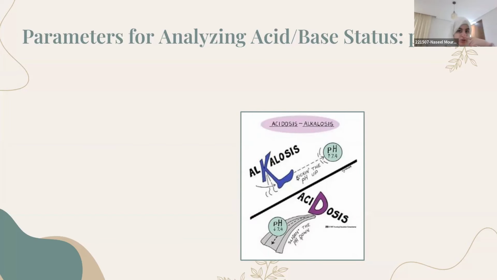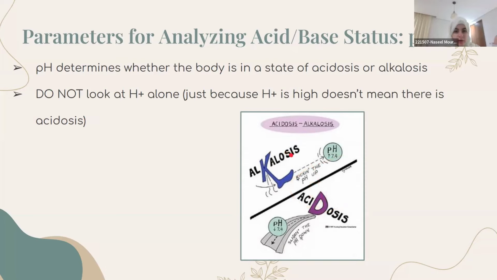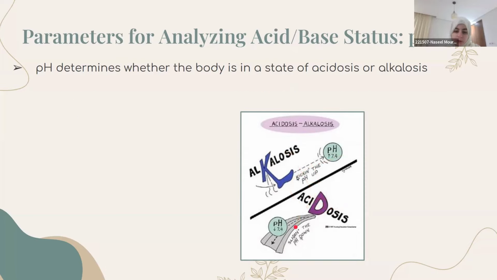So first thing is pH. Again, pH determines if we are in a state of acidosis or alkalosis. Okay? Now, a low pH means acidosis, and this is a nice mnemonic I found, sliding down the pH down. For alkalosis, your pH is going up, so K in alkalosis means kicking the pH up.